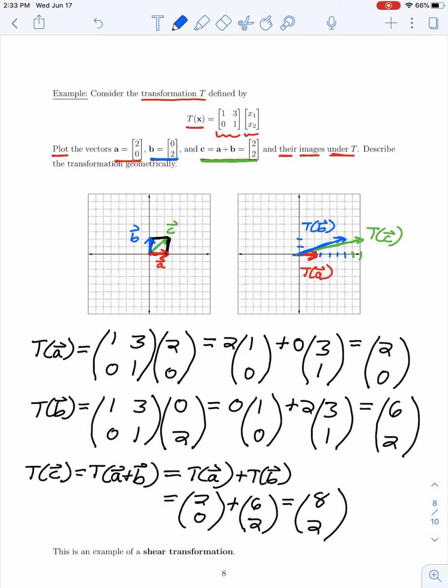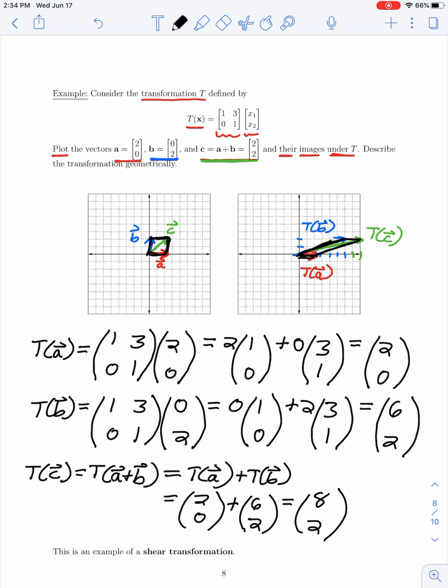So the sum was illustrated using the parallelogram law. This original little square that we had, which was a 2 by 2 square in the plane, is mapped to this parallelogram shown here.